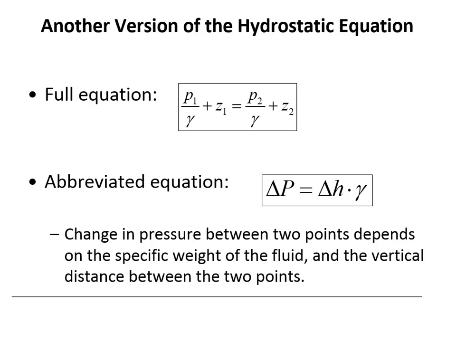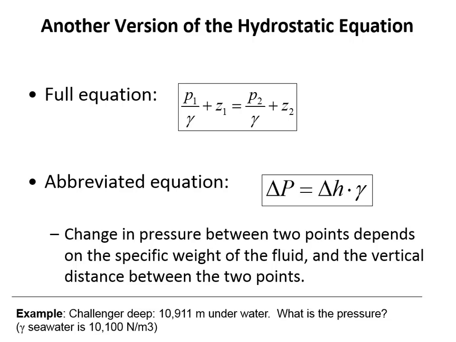The elevation at 2? What this abbreviated version says is, let's just think about it in terms of a change in elevation. So there's now a delta H between the 2 points. And instead of saying P1 minus P2, it's just saying a delta P. So we have a change in pressure between 2 points with that hydrostatic equation.